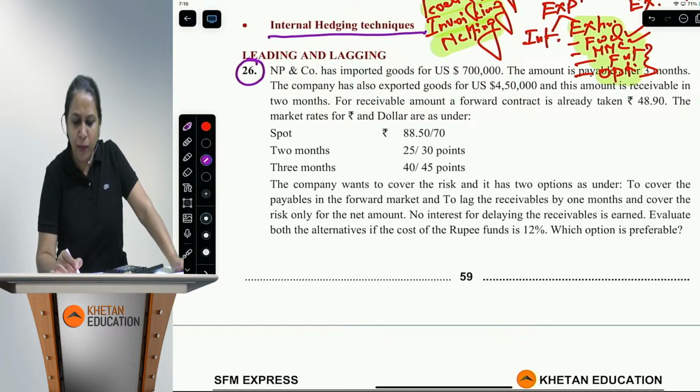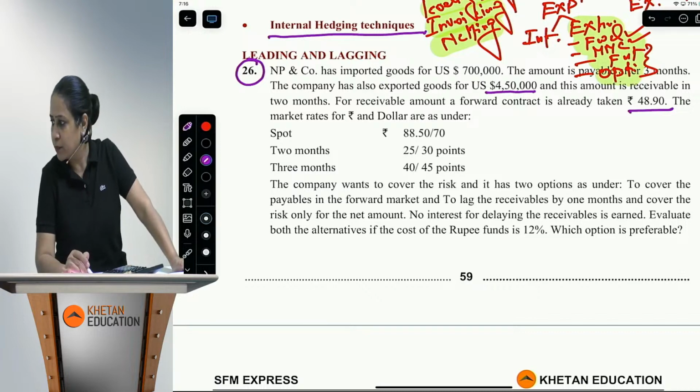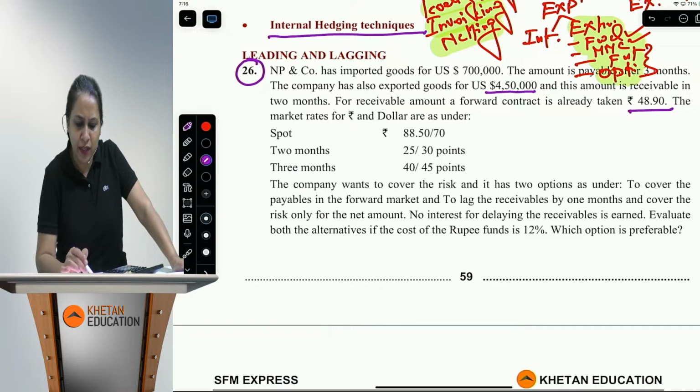The problem is that you have a payable at the end of the 3rd month and a receivable at the end of the 2nd month, and you have already taken a forward cover on this. Taking forward cover on a receivable means selling dollar forward. Spot is given to you 88.5, 88.7, 2 month and 3 month.